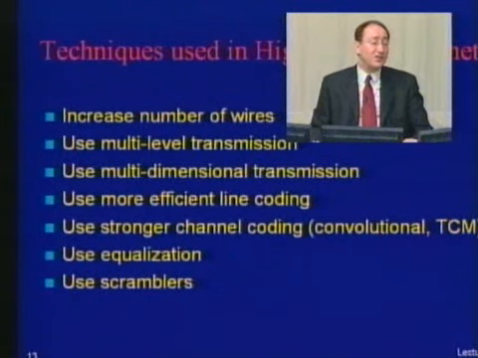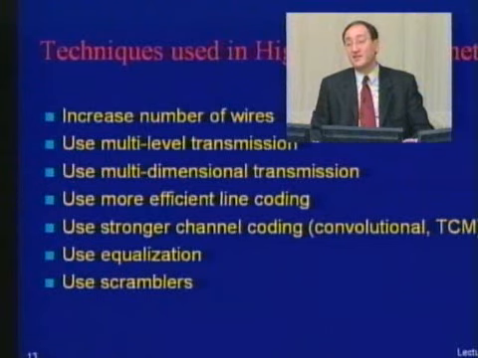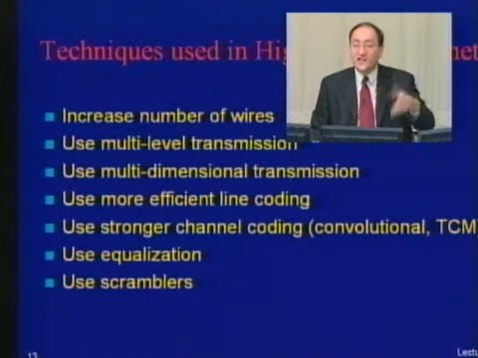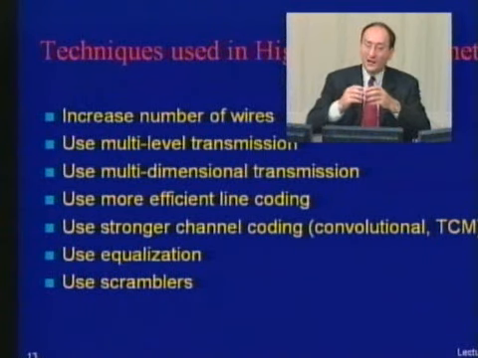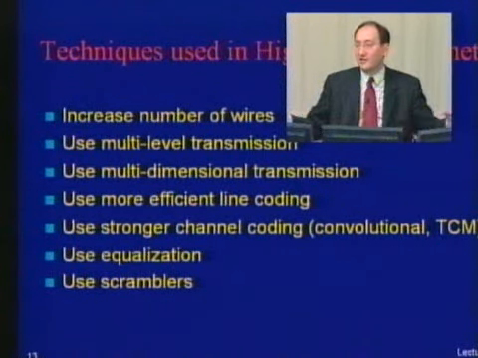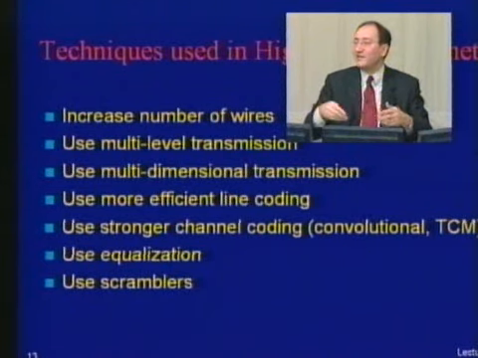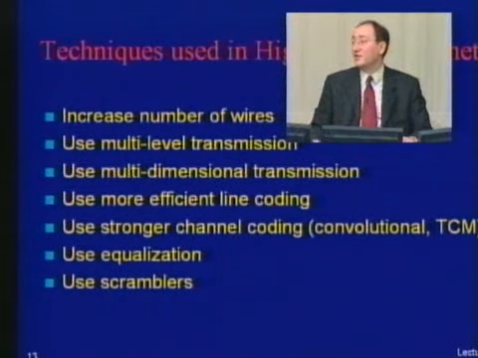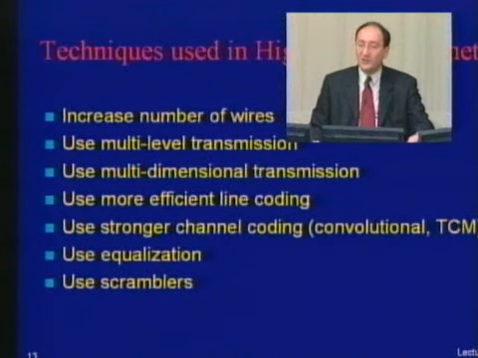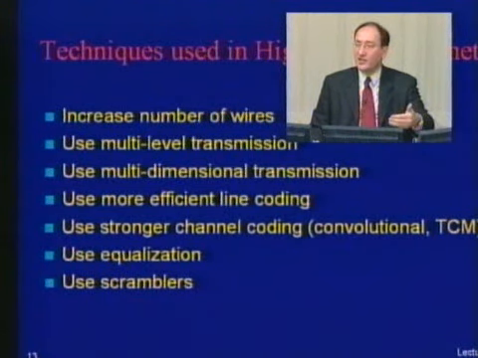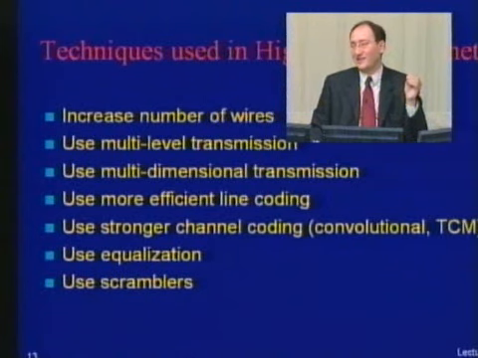And the last but not least, they use scramblers. Scramblers, we talked about that before. They scramble the data. In a sense, when you have continuous streams, they scramble it so you have more transitions. That, in a sense, also helps the signal-to-noise ratio, because a little bit of your errors comes from timing error.